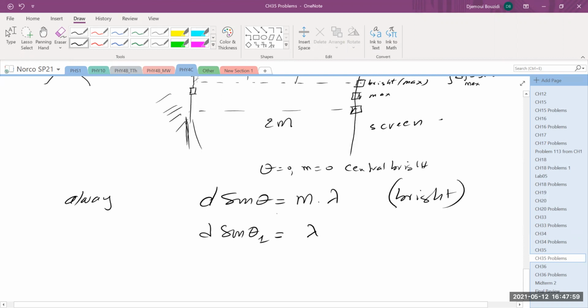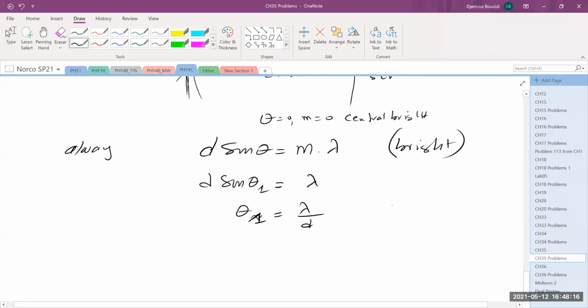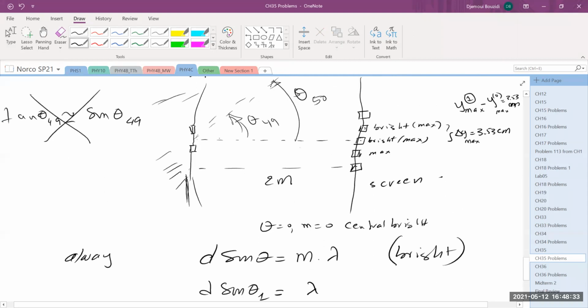That's true always. So this value in here, theta 1, is very small now, okay? So we can say theta 1 is roughly lambda over d. That's how much it's going to be, because theta 1 is in radians, okay? Because sine of theta 1 is roughly equal to theta 1. Tangent of theta 1 is roughly equal to theta 1 also. In other words, this is the tangent.